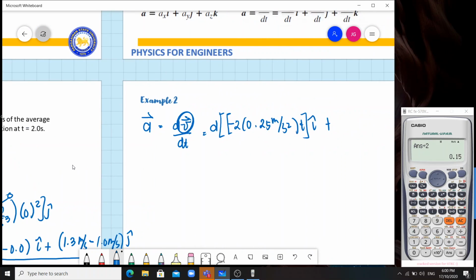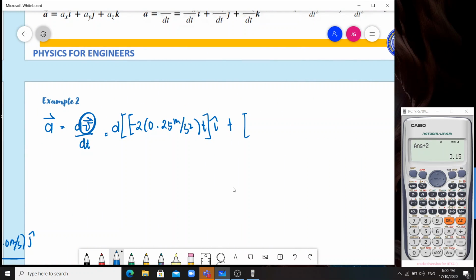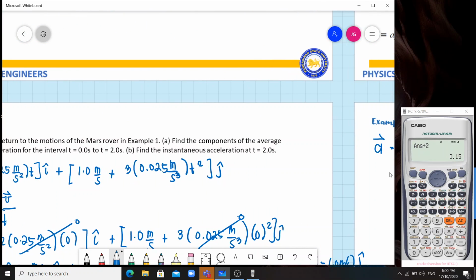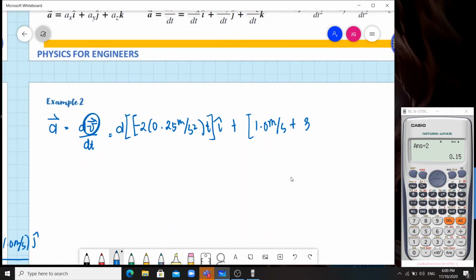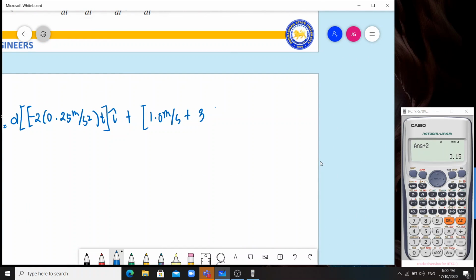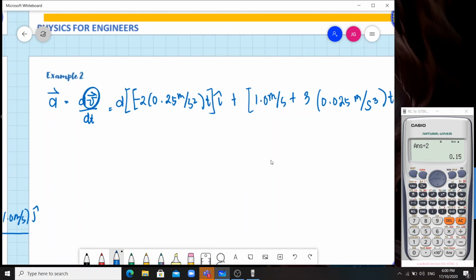plus 1.0 meter per second plus 3 times 0.025 meter per second cubed t squared j. Okay, derive natin yan with respect to time.